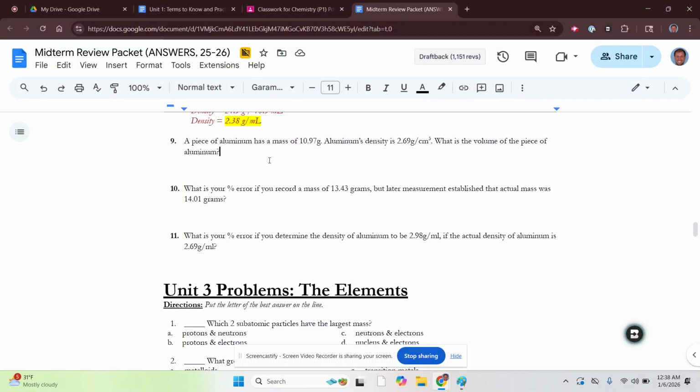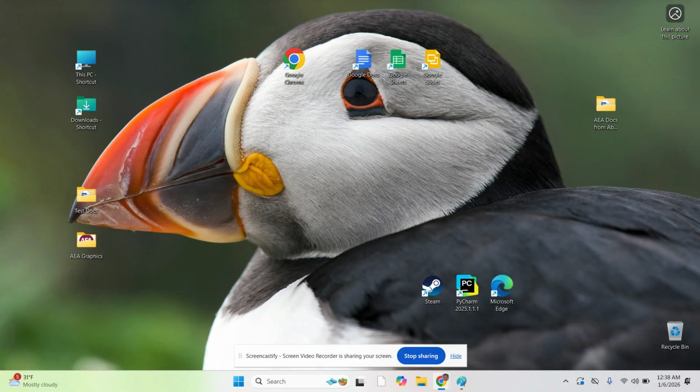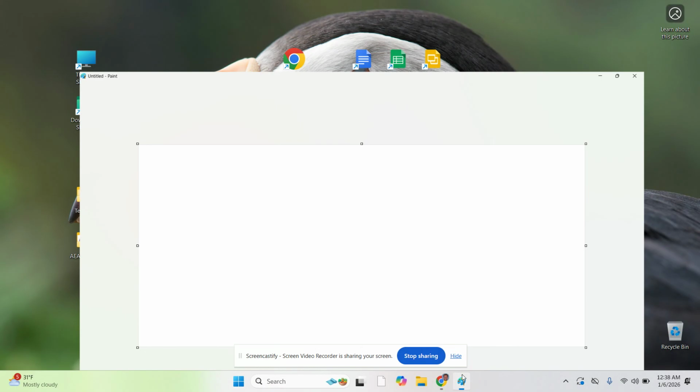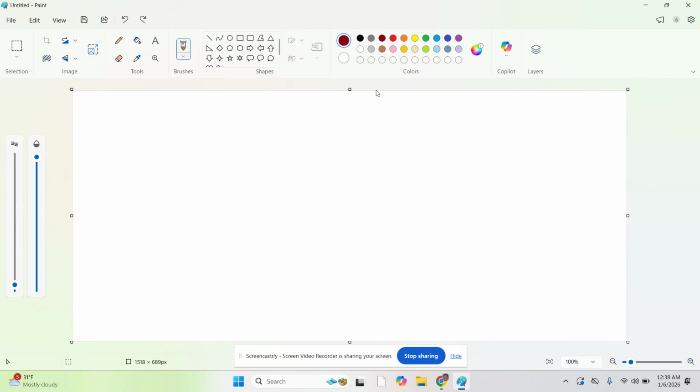This now, my friends, is going to involve a bit of algebra. You can bet the midterm will have some algebra. So I'm going to get a sheet of paper and work this problem out. So again, problem 9. Density is equal to the mass divided by the volume. Now, in this case, we know the density.